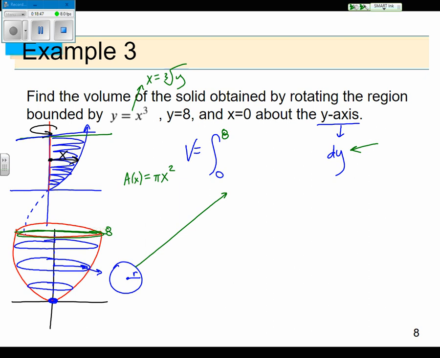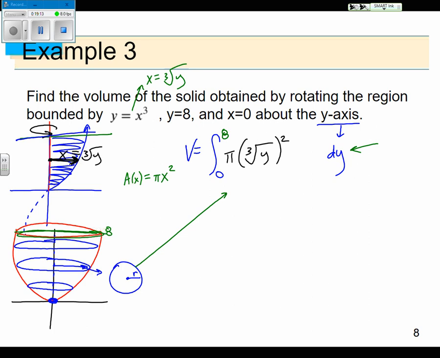So while, yes, I agree that this distance right here is x, I also agree that it's the cube root of y. That's going to be that distance in terms of y. And so I get the cube root of y squared times pi. So I still have my pi r squared working in there.